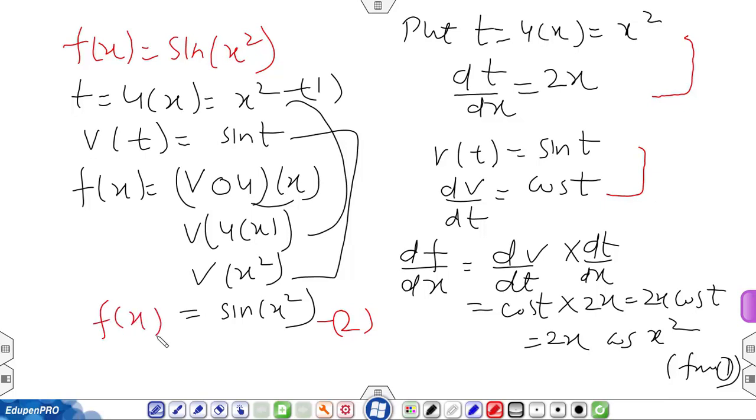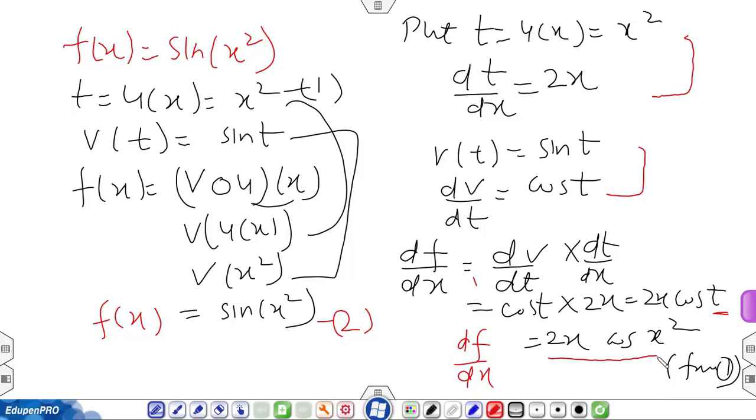Your f of x is sine x square, f is a function of x, so df by dx we can write as dv by dt into dt by dx. dv by dt is cos t and dt by dx is 2x. From here we get 2x cos t as df by dx. Express the last result only in terms of x, so replace t by x square from 1. So the answer is 2x into cos x square.